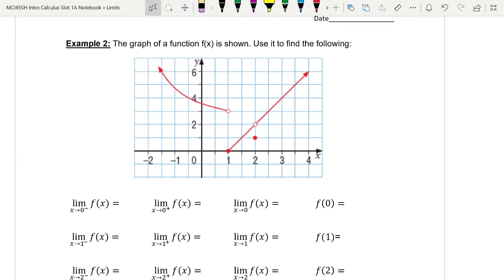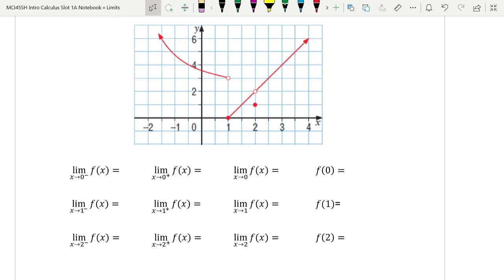Now look at this interesting looking thing. Let's see what we can think about this. The limit as x approaches 0 from the left. Remember, that negative means from the left. As x approaches 0, we're approaching the y-intercept.